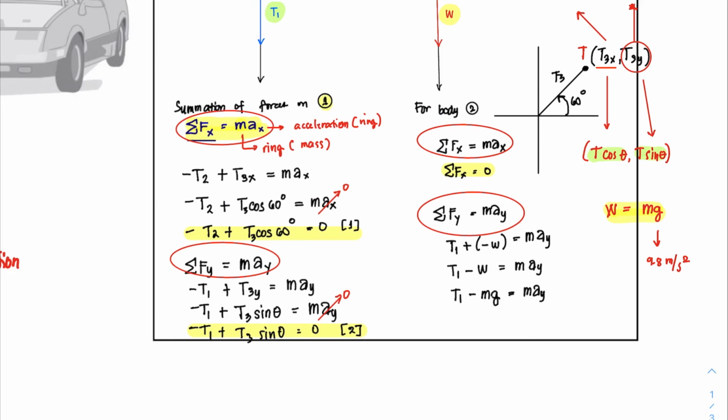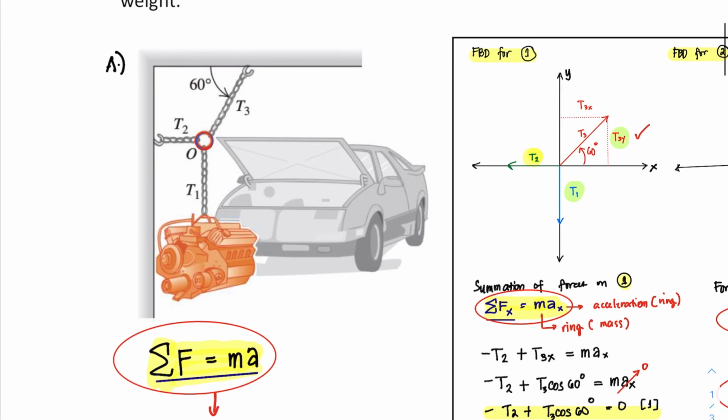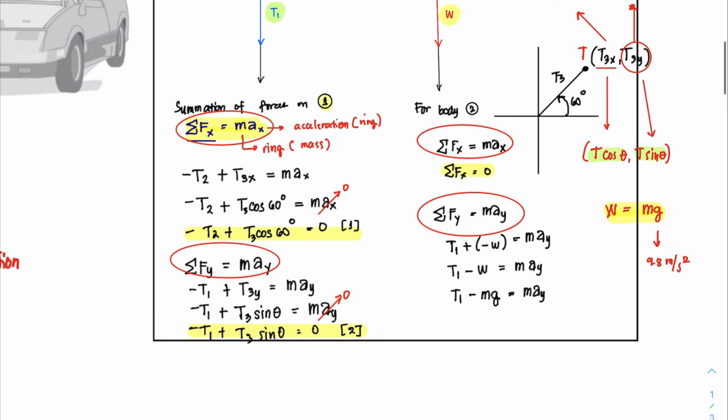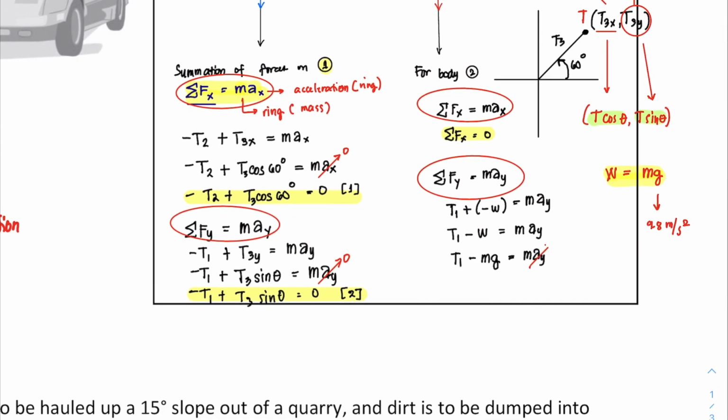Now, again, we ask ourselves, what happened to a sub y? Now, take note of this problem over here. Is this engine in any way accelerating downward? And the answer is no. It's static. It's only hanging there. It's not moving downward at all.